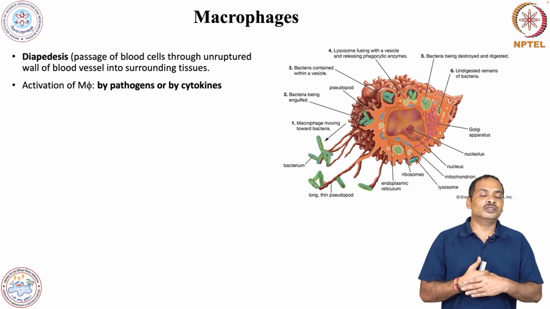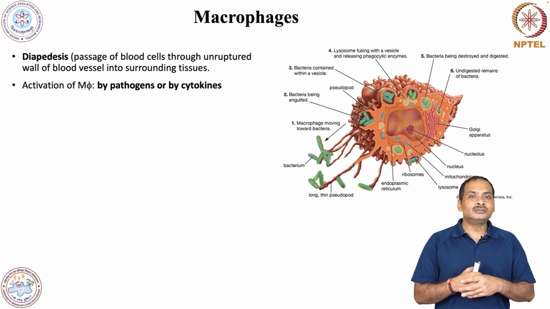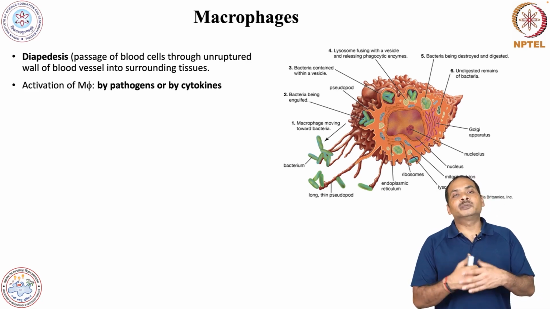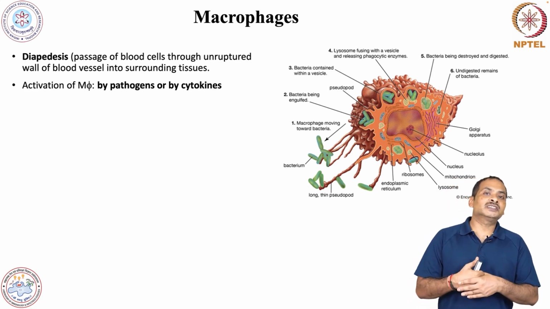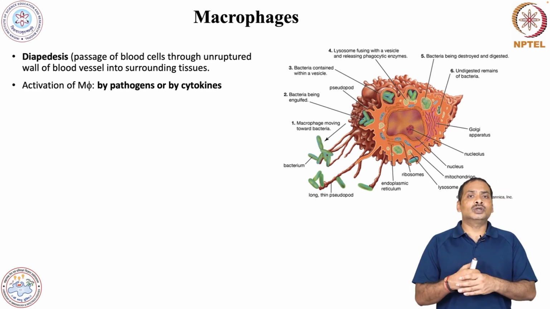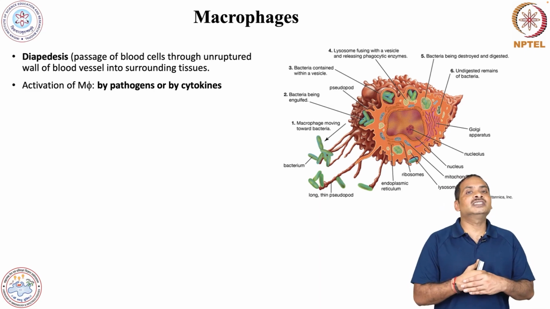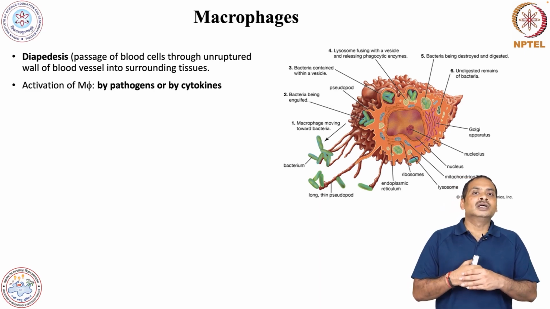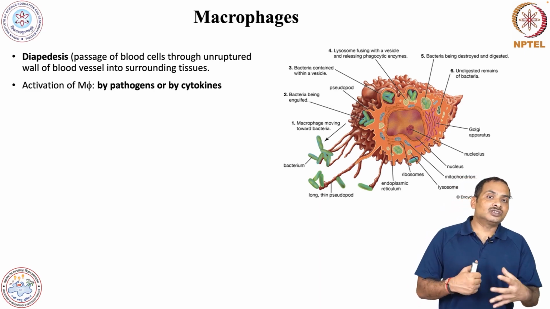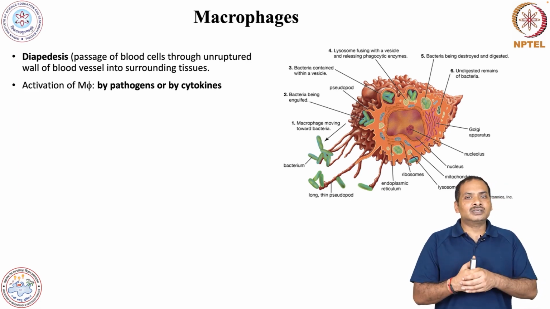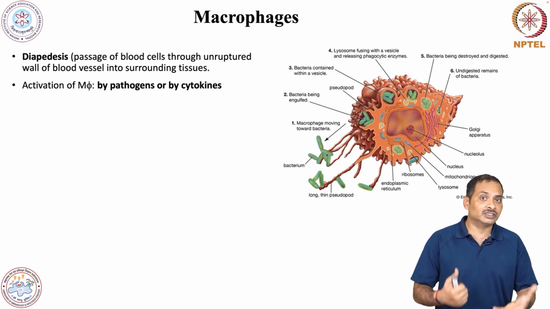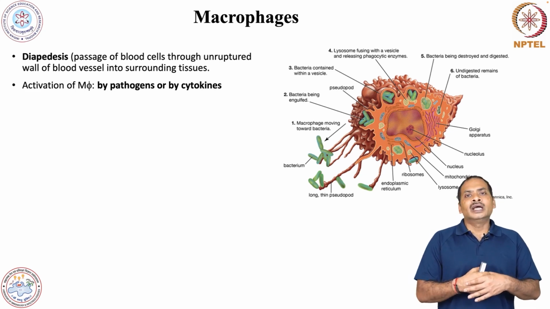Another is that they will present the antigen, and they will also express the adhesion molecules needed for T cell activation, and they are very strong stimulators of T cells. All these properties together we call activated macrophages, or activation of macrophages.